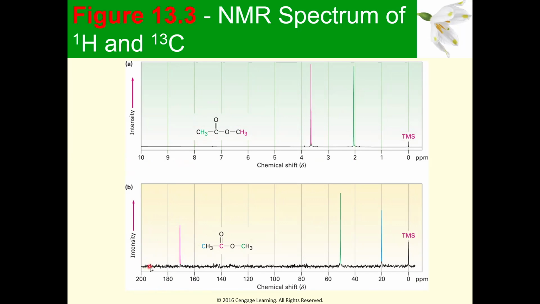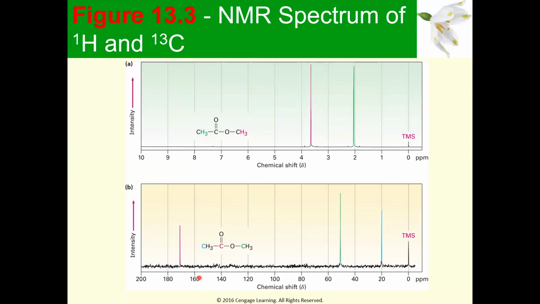And the other thing is, notice that it's a little bit more noisy. So for the proton NMR, it looks like a flat line. But for the carbon-13 NMR, it's very noisy. It's jagged, right? So the reason why is because remember that over 99% of the carbons are carbon-12, which is not sensitive to NMR.